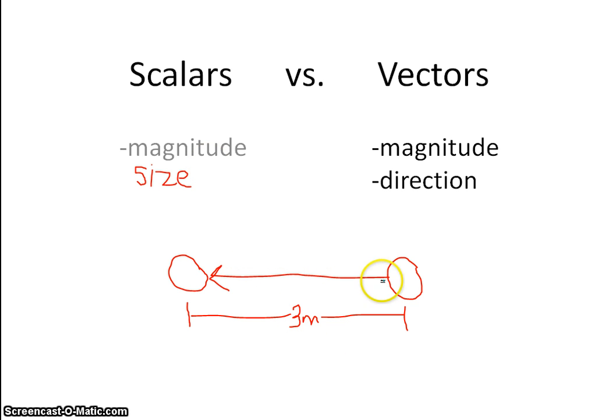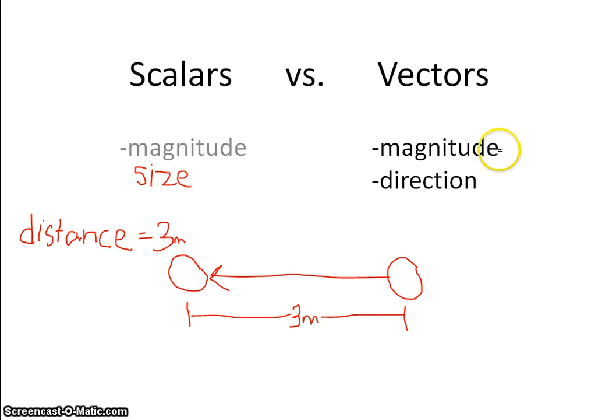I'm not telling them where I pushed the ball. So that is just giving them the magnitude or the size, and so it's a scalar quantity. And so that scalar quantity is called distance. Which is 3 meters.